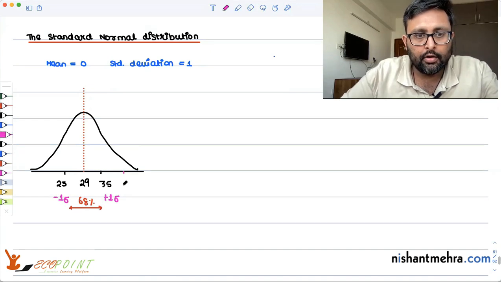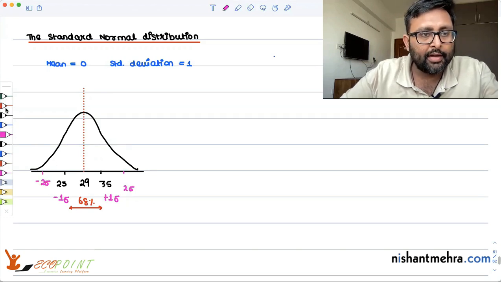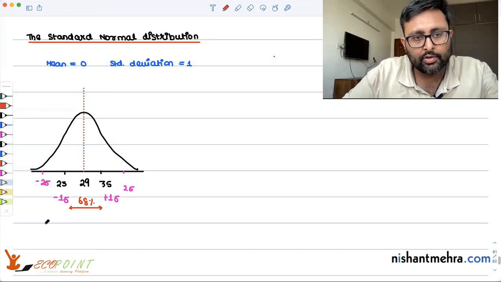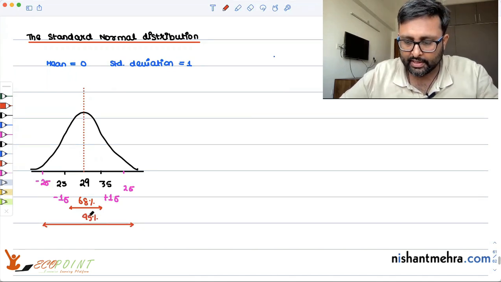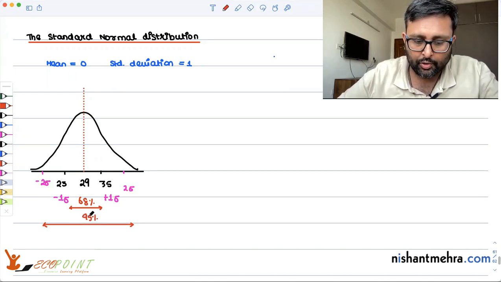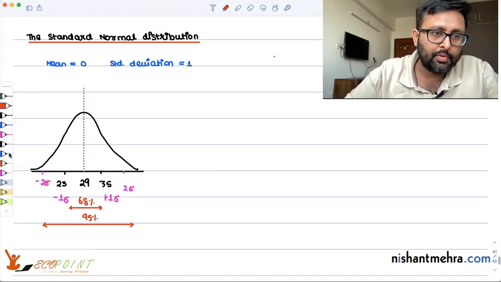Then 95% of the data is going to lie between 2 and minus 2 standard deviations of the mean.